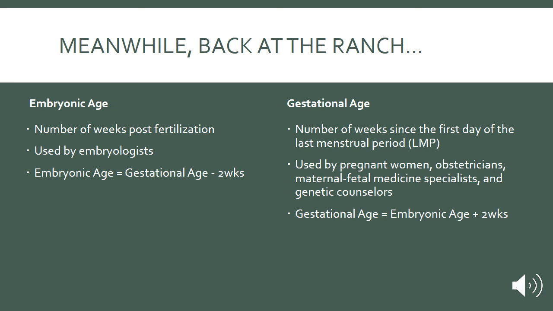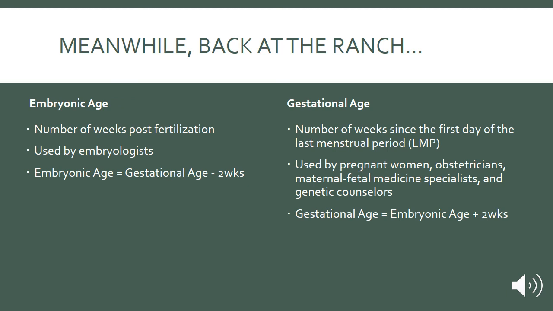Okay, so from the time of fertilization, how many weeks have occurred? This is how embryologists describe embryos. But everybody else, parents, obstetricians, genetic counselors, most other medical professionals, midwives, use gestational age. And that's the number of weeks since the first day of a woman's last menstrual period.